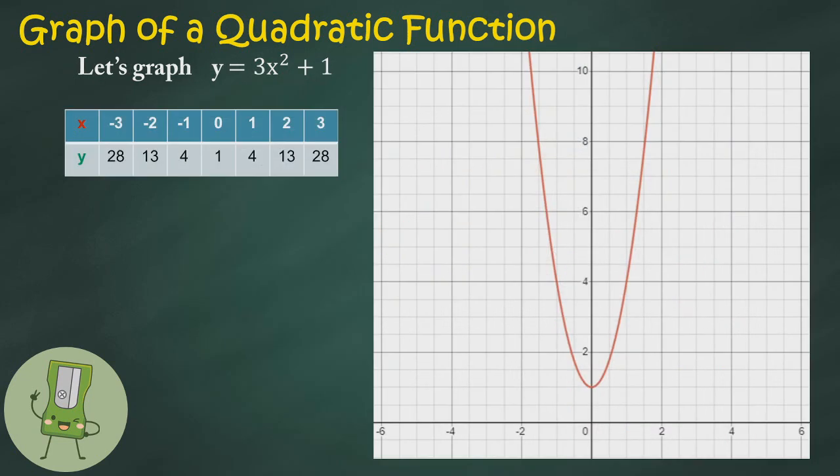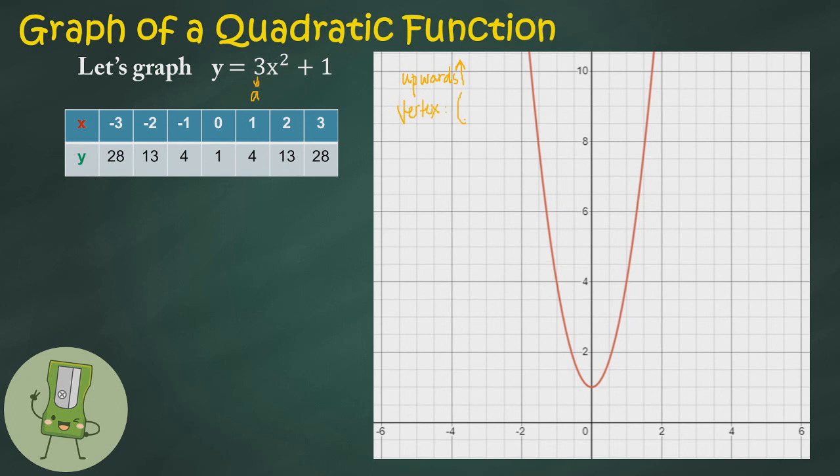Next is this one. As you can see, our quadratic function is y equals 3x squared plus 1. So, since the value of a is positive 3, therefore, our parabola is opening upwards. Now, let's determine its vertex. Ano ba yung vertex ng ating parabola?